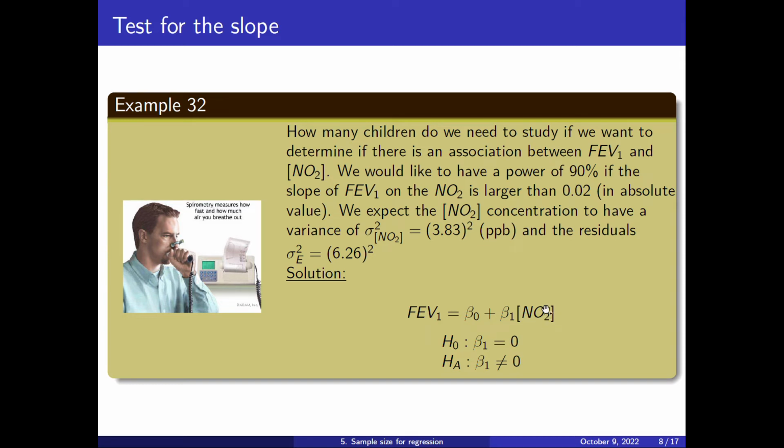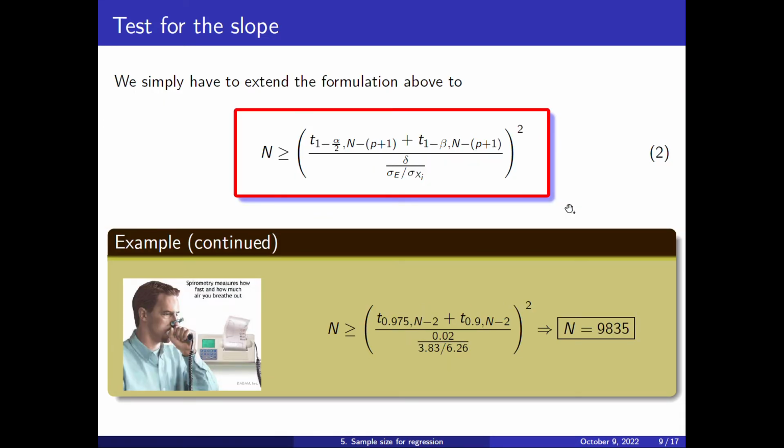And we want to have 90% of power if this beta 1 goes larger than 0.02. So what we need to do is simply to extend the previous formula, this part, with the statistical power term, and then again n appears on both sides of the equation, so it is not so easy, and we need about 10,000 children.